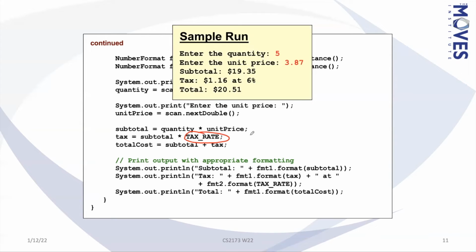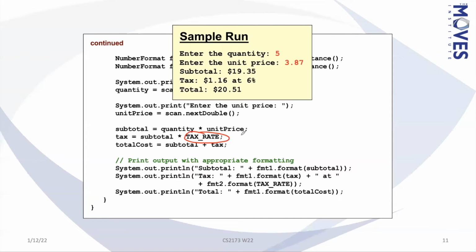And notice that it's all uppercase with an underscore, which is an indicator, not a guarantee, that it's meant to be a constant.